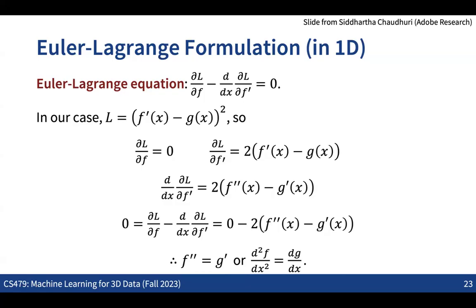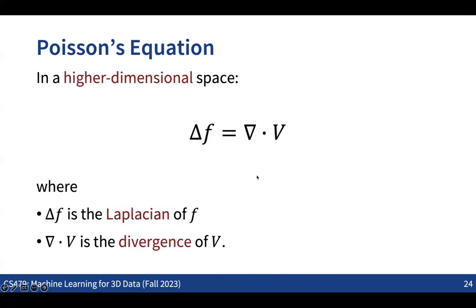So this is the explanation for the 1D case. Basically, this is how we are going to solve the least squares problem, based on this formulation. The thing is that we are not reconstructing the implicit function in the 1D case, right? Typically it is in the 3D case. So in the 3D case, the corresponding formulation is this.